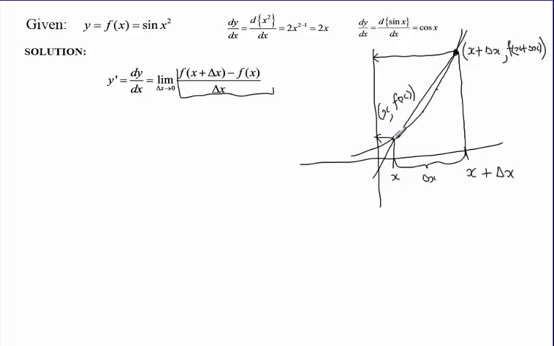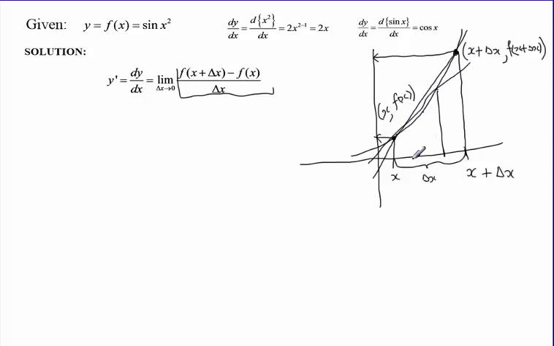So now if I want to approximate the slope here, what will I do? I will maybe decrease the change in x to somewhere there and then draw another line there.